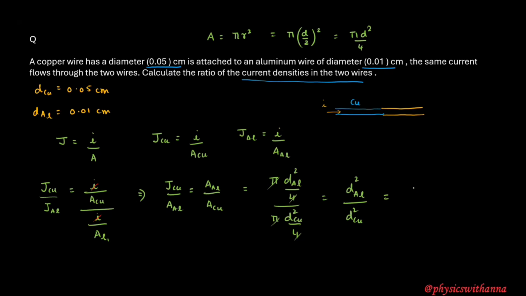Now let's substitute. You get 0.01 squared over 0.05 squared. Since this is the ratio of terms with the same unit, I don't have to convert from centimeter to meter. We can just keep them as centimeter as the units will cancel off. When you solve this, you get the answer to be equal to 0.04, or you can also write this as 1 over 25. So this is the ratio of current densities in the two wires.